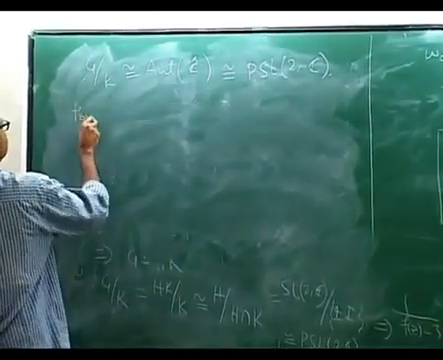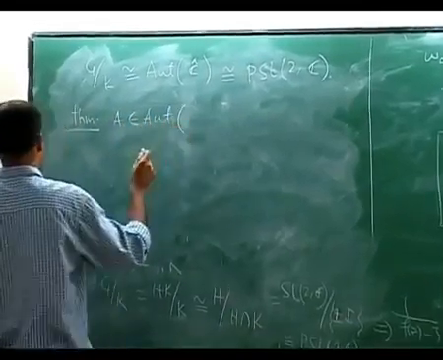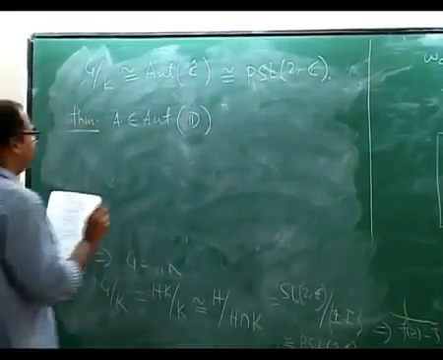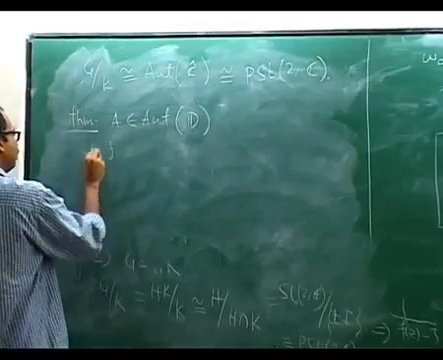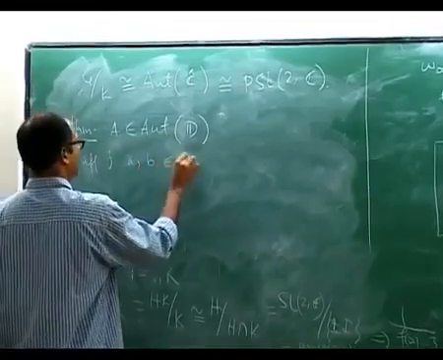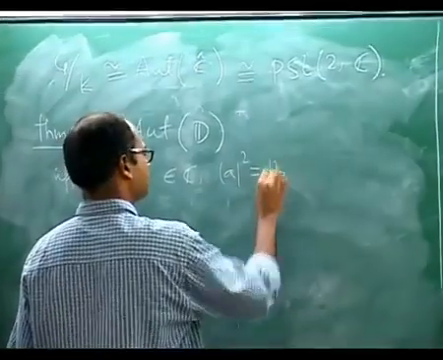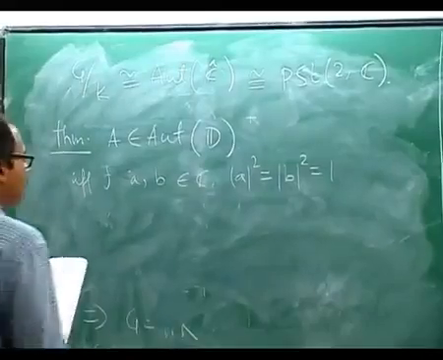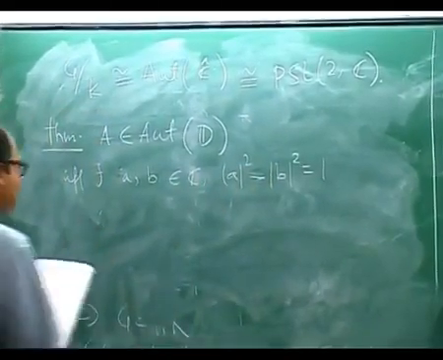So the automorphisms of the disk look like this: if and only if there exist complex numbers A, B such that the difference of the modulus squares, |A| squared minus |B| squared, is 1.